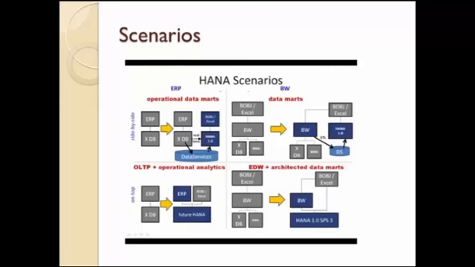So that's the traditional scenario, and then you can have BW providing data to HANA, which can be used for quicker processing of queries, and then we can get business intelligence much quicker that way. So that's the first scenario called side-by-side.